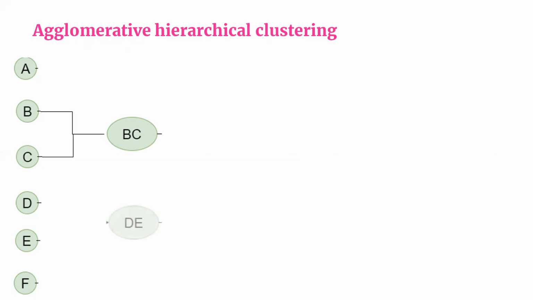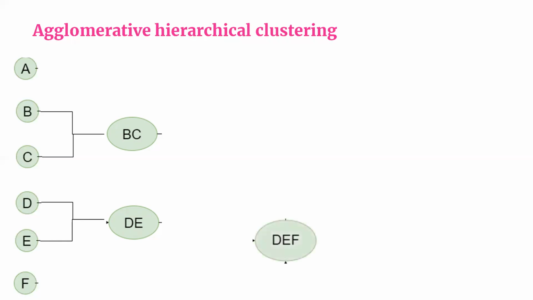Similarly, I assume that D and E have similar properties, so I form one more cluster here. So this is two-object clustering.